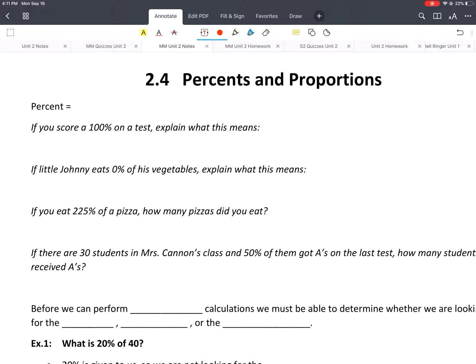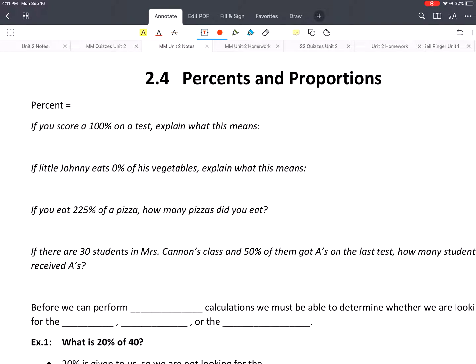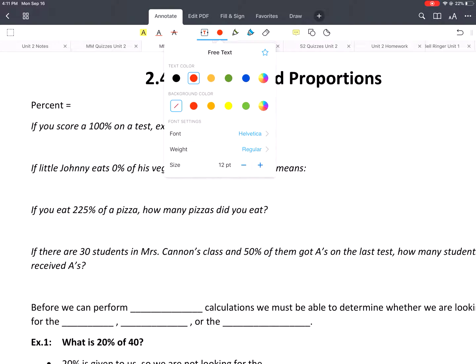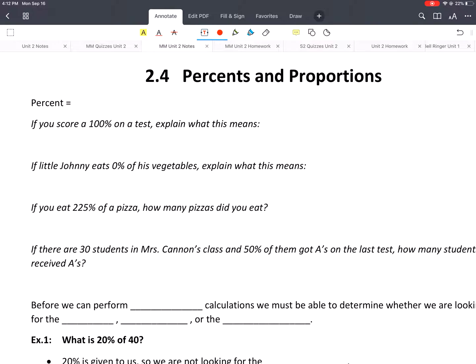So what we're really talking about here is that a percent is per 100. That's what we're trying to come up with.